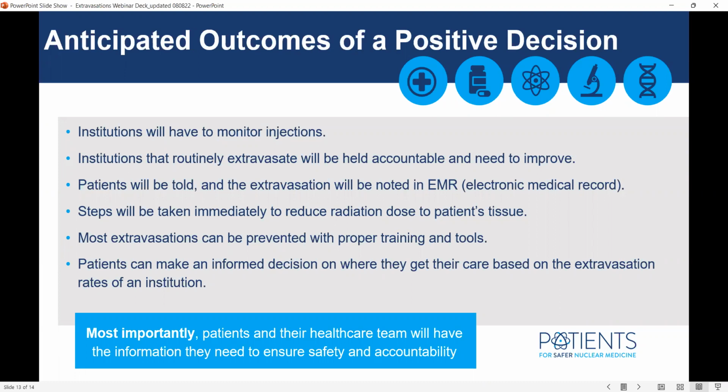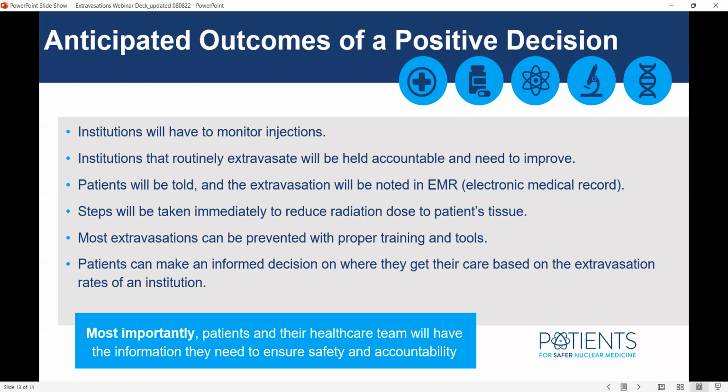That will now have to happen for nuclear medicine scans. And keep in mind that estimated number of 500,000 patients every year not being told that they've been extravasated. That will change if the NRC decides to make extravasations reportable.